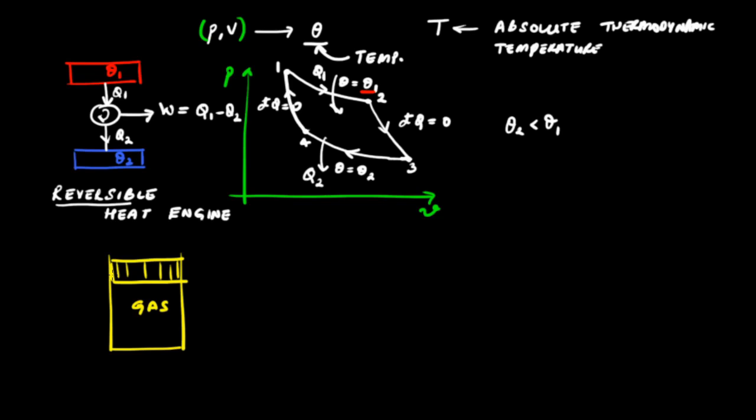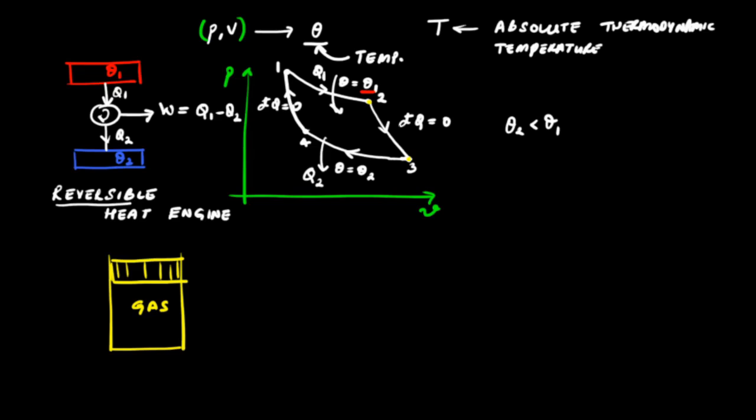It need not be an ideal gas, it could be anything which is a homogeneous system of a pure substance. Now let's say that you want to go from state 2 to state 3 through a sequence of equilibrium states, and such a process we've seen earlier is called a reversible process.